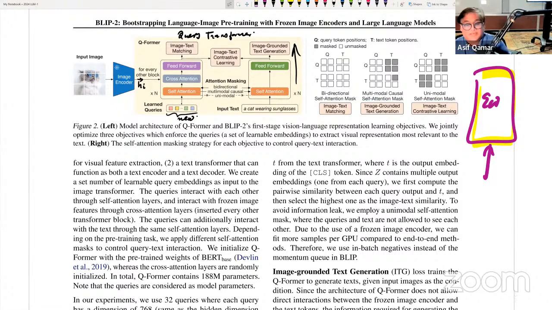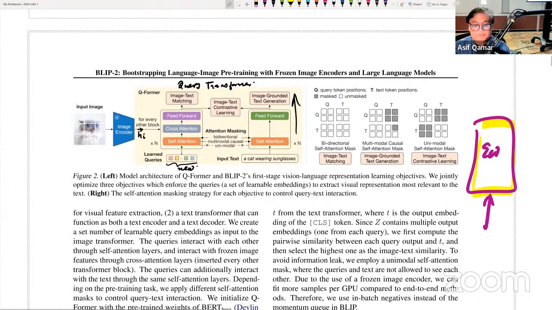If you look at this cross attention, do you notice that the image encoding is coming in through cross attention to the first pillar? And what comes out of here is image text matching.